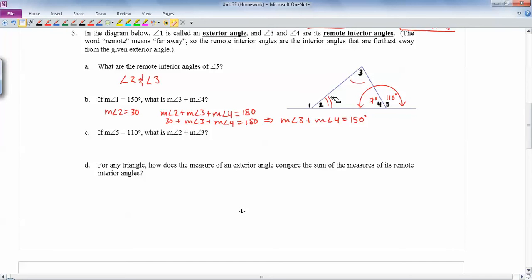But I also know if I add angle 2, angle 3, and angle 4, I should get 180. But angle 4 is 70 degrees. So if I do 180 minus 70, I get 110. So that's what's left over in this triangle for 2 and 3. So that has to be measurement of 2 plus the measurement of 3. 110 degrees left over in that triangle for those two angles.